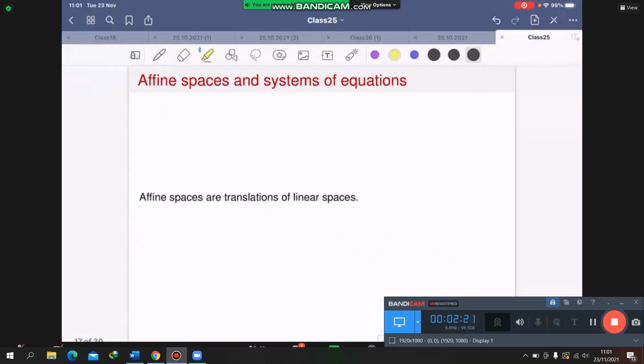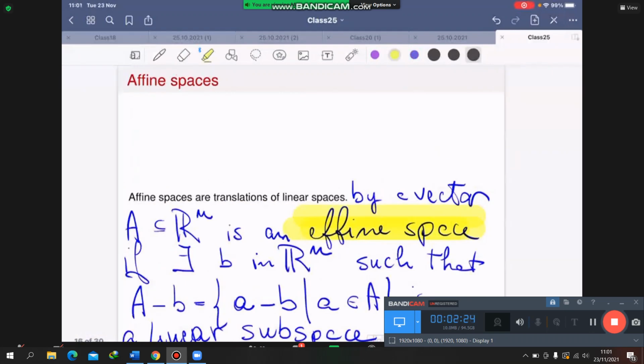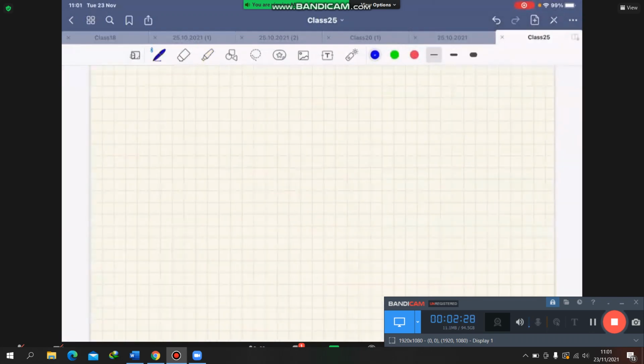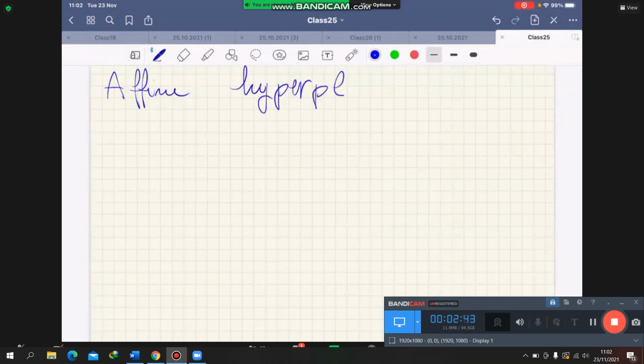So let me derive some more properties. What is an affine hyperplane?